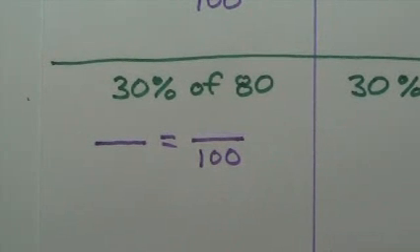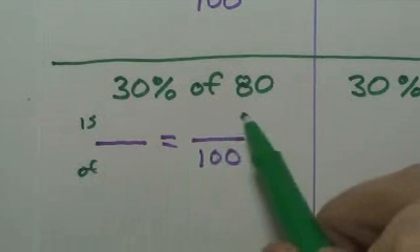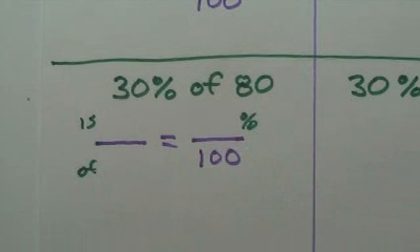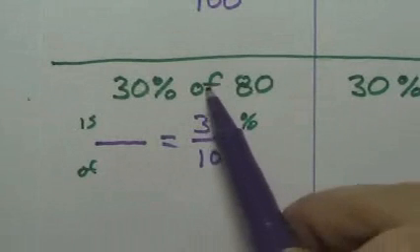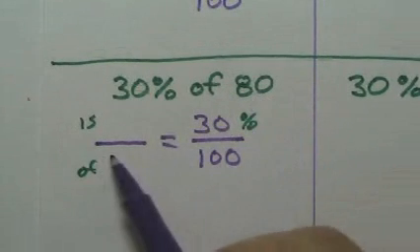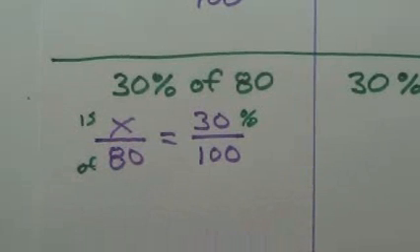And remember that this is the is, of, percent, 100. So we have 30%, that goes here, and of 80, that's my of number, and so you don't know the x.